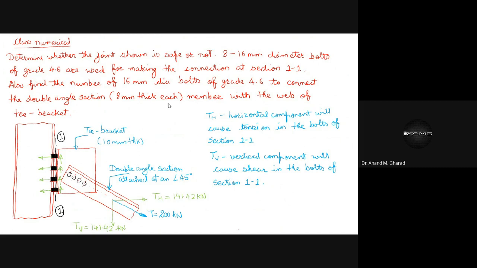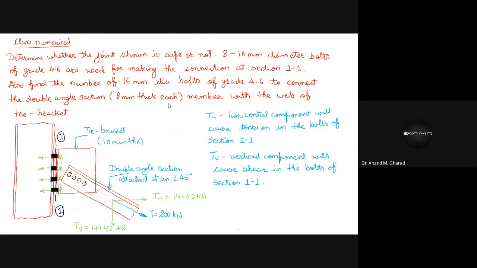Okay, the tension force which is experienced by the bolts. That's what we are going to see in this particular numerical. So let us see. Determine whether the joint shown is safe or not. This is what you are supposed to identify.